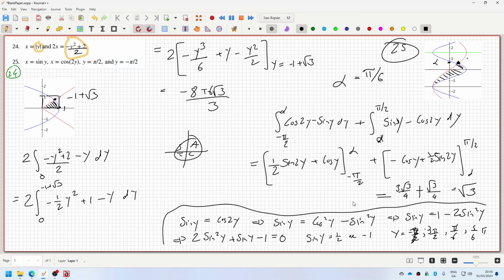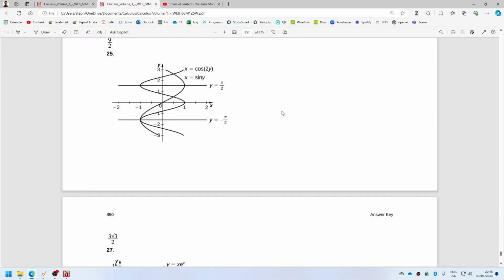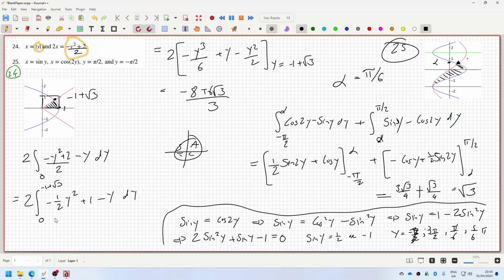Just weird that I'm off by such a factor. Their answer is root 3 over 2, whereas I got 4 root 3. Oh, I thought... Okay, a sign mistake. Is it?